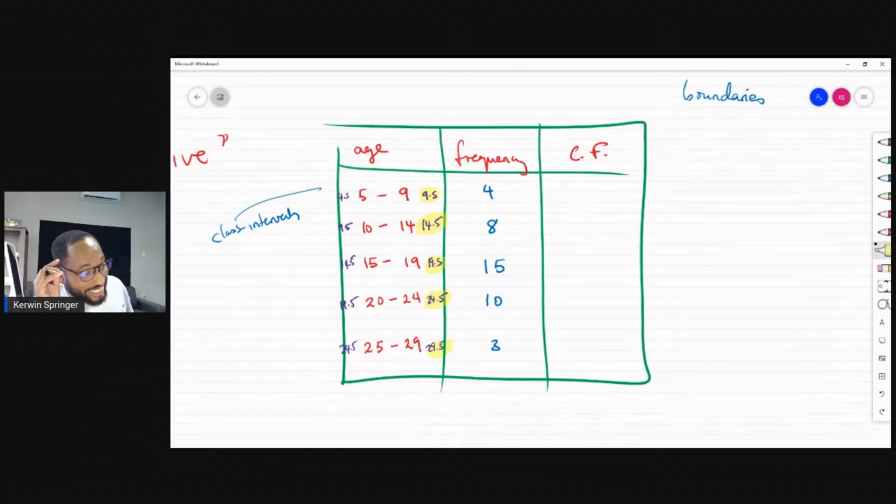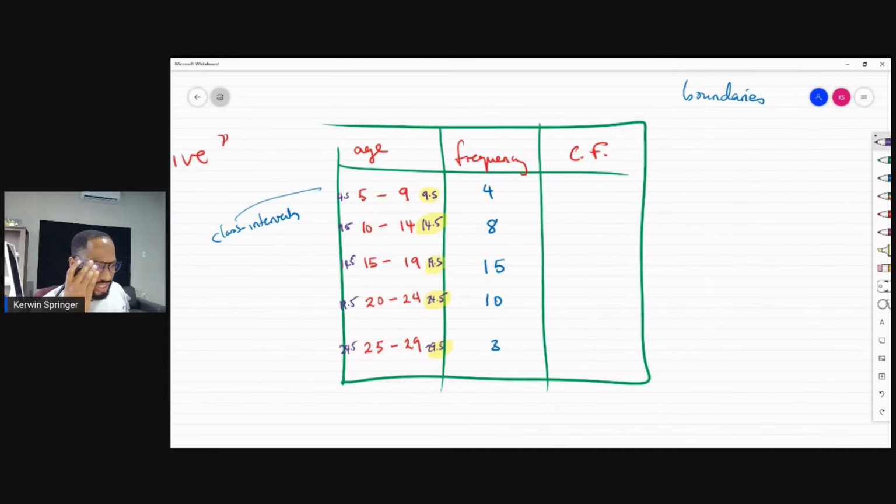When you're doing the frequency polygon, you use the midpoint of each class: add this and this and divide by 2, so the midpoint is 7. But don't use the midpoint for cumulative frequency.